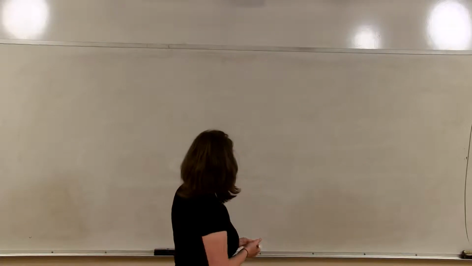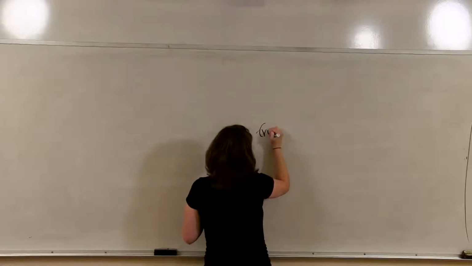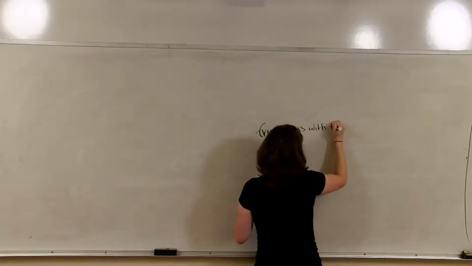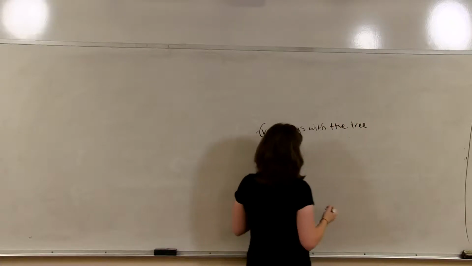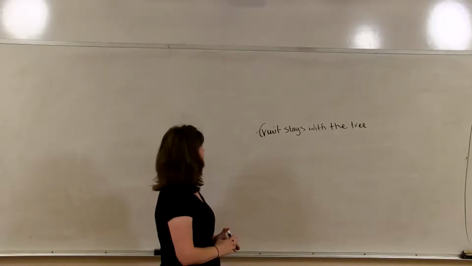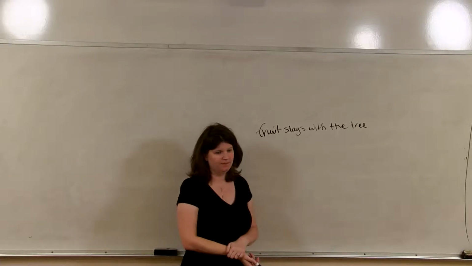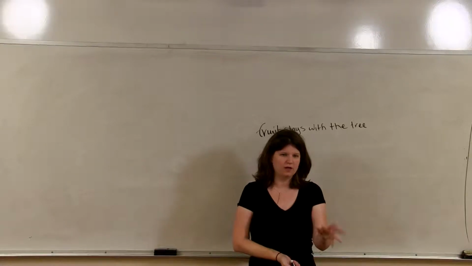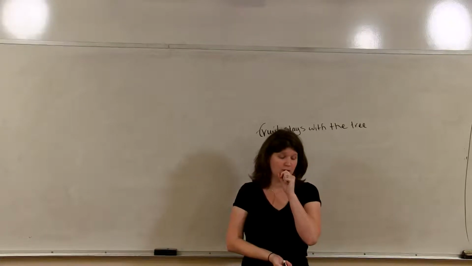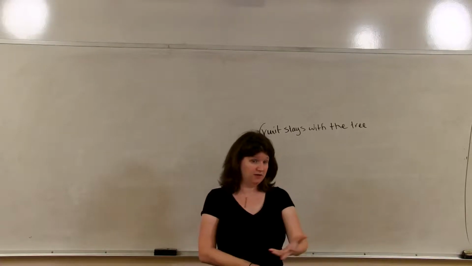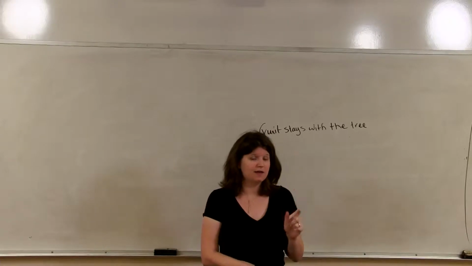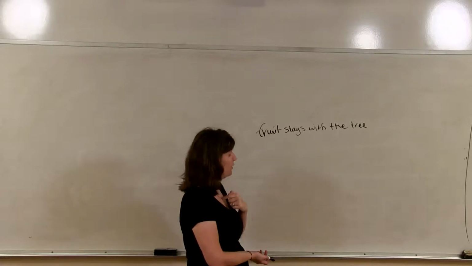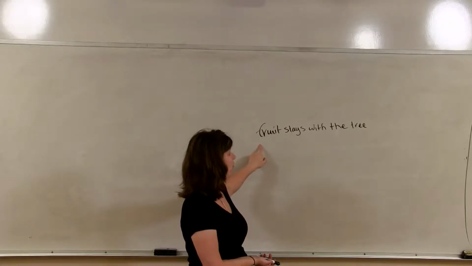One concept I've talked about that's similar is the fruit stays with the tree. For example, if I own a rental property and I decide to give my son the rental income from that property, I can do that. I can gift him the money if I like, but I cannot give him the tax responsibility. I still have to pay taxes on that rental income because I own the tree.